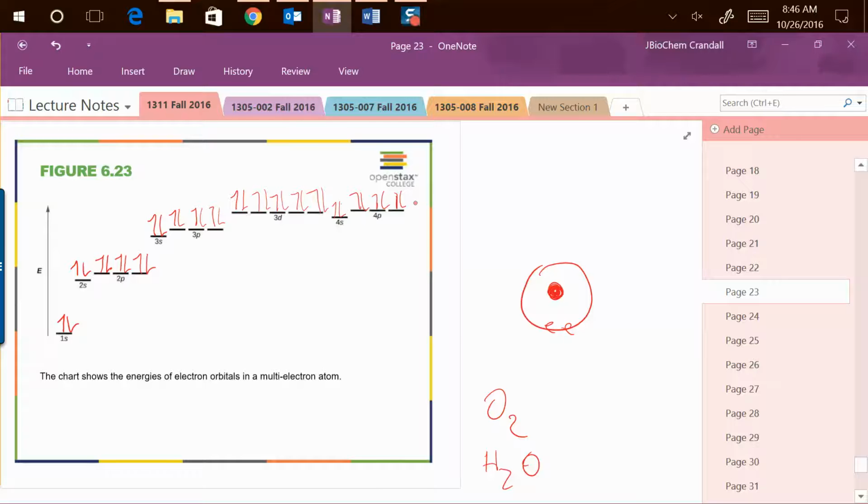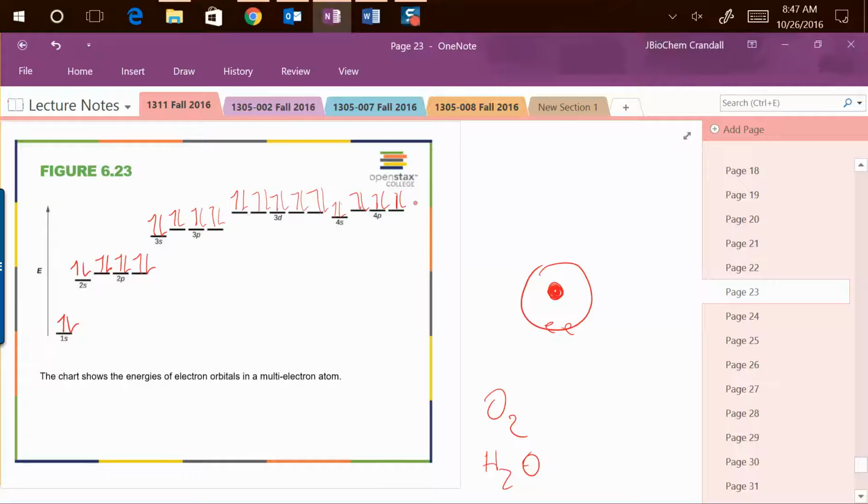It's not the 4d. It's the 3d. Look at this. This is not the 6f. It is the 4f. Because I will not fill electrons into the 4f until I have first filled electrons into the 6s. It requires more energy to put electrons in the 4f than it does to put electrons in the 6s.